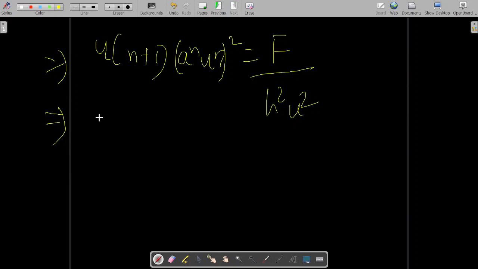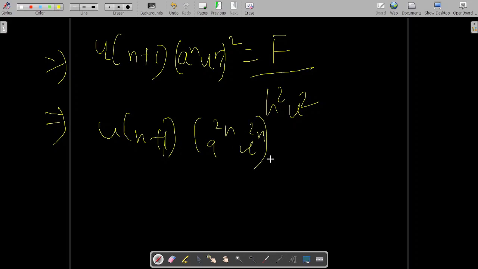After you open the bracket, a to the power 2n u to the power 2n is equal to f divided by h square u square.